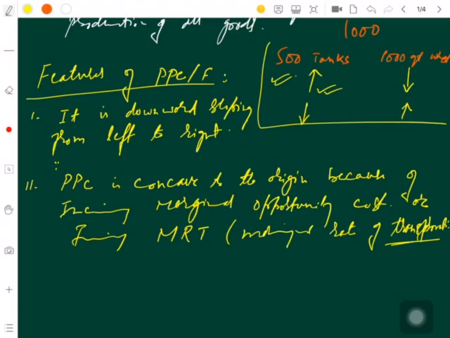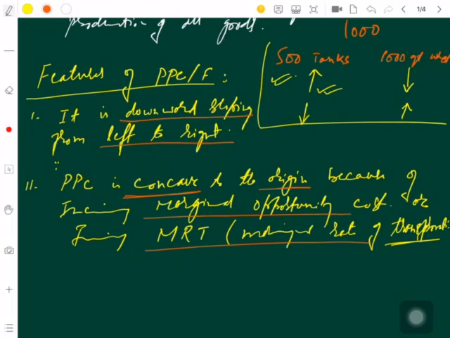So before we proceed with the concept of production possibility curve, we demonstrate it. What does it mean? Let us keep in mind, I'll repeat it. It will be a downward sloping curve from left to right, and the production possibility curve will be concave to the origin because of increasing marginal opportunity cost or marginal rate of transformation. Bear it in mind that in economics, the word marginal means additional.